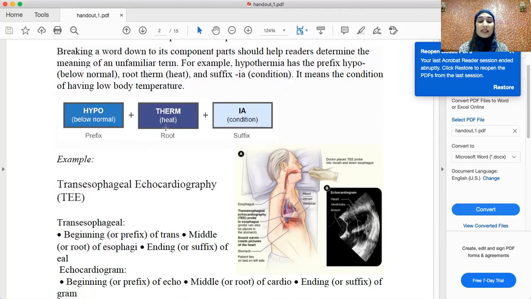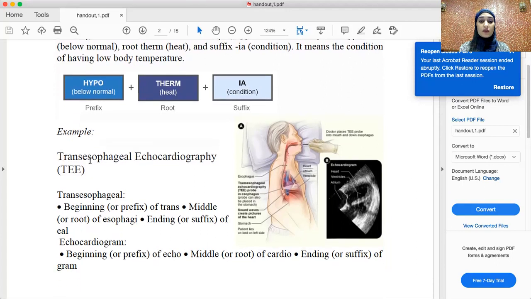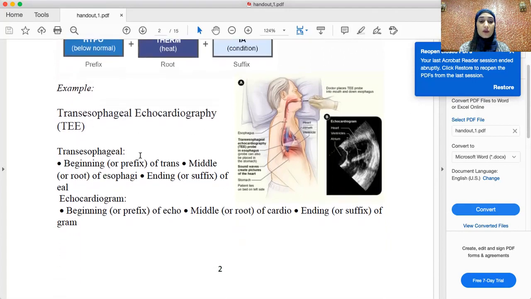Therm means heat or temperature, and ia means condition. So it is a condition of having low body temperature. All right, we have another example.